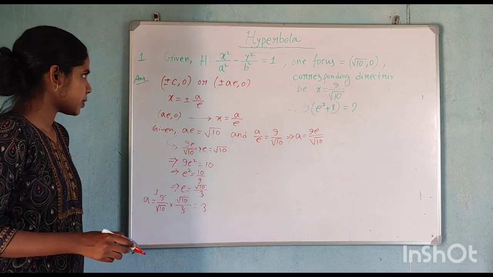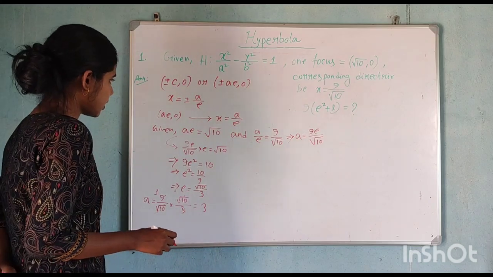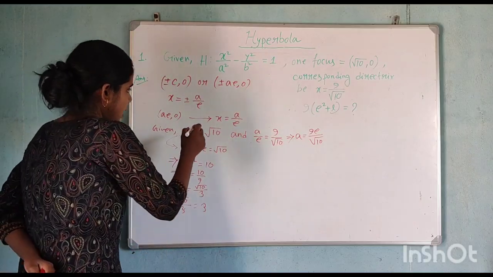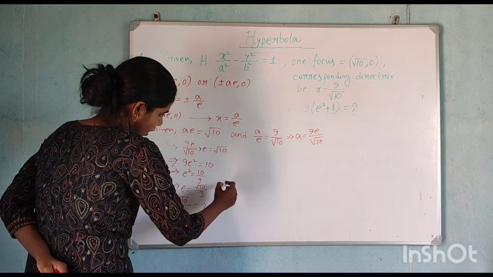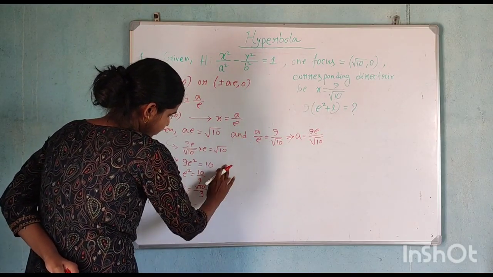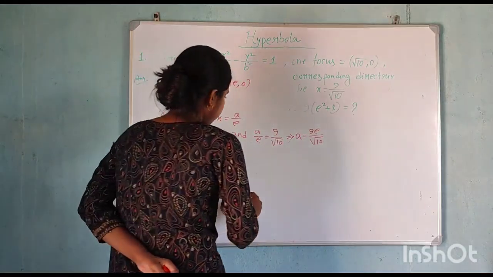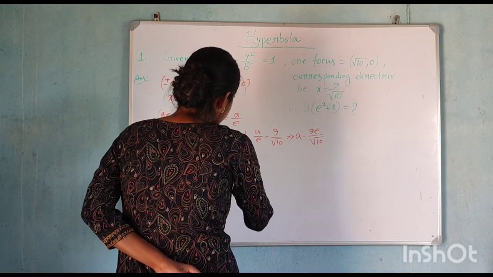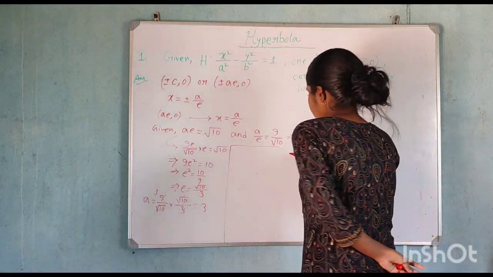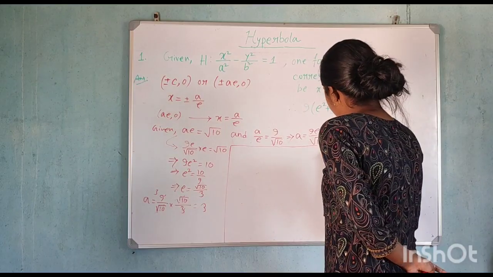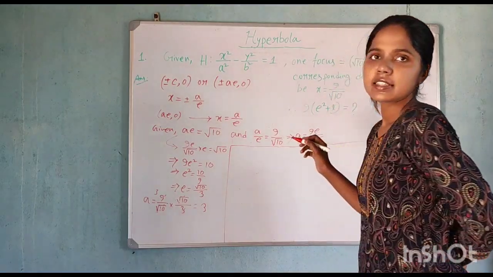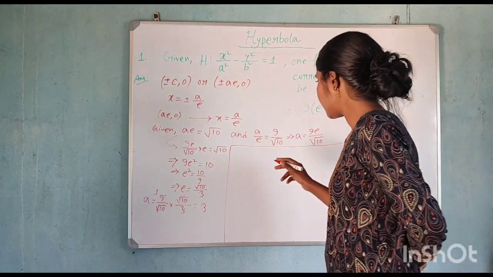Okay. Now can we get the value of b? What we know is that for a hyperbola, the relation between c, a and b is c square equal to a square plus b square, right?